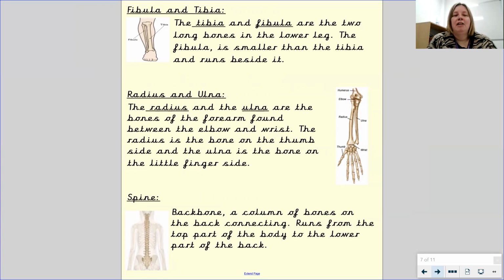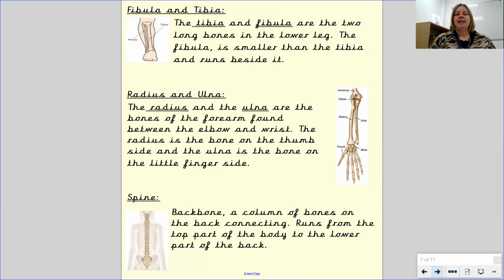Radius and ulna. The radius and the ulna are the bones of the forearm found between the elbow and the wrist.